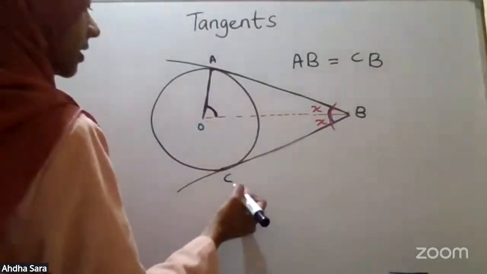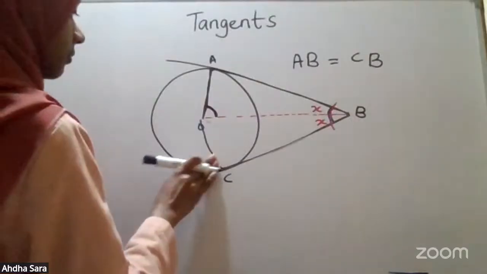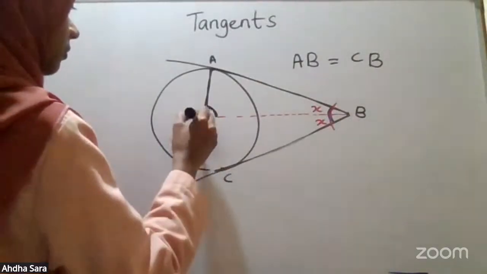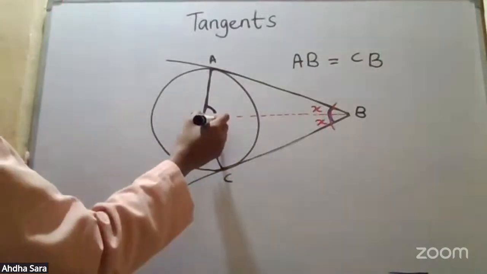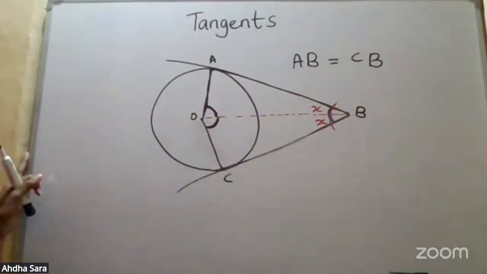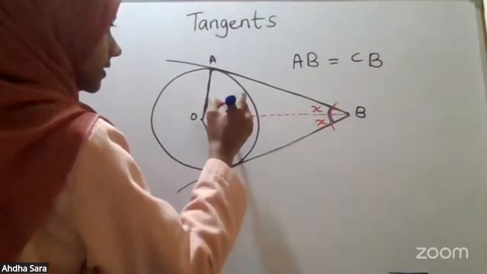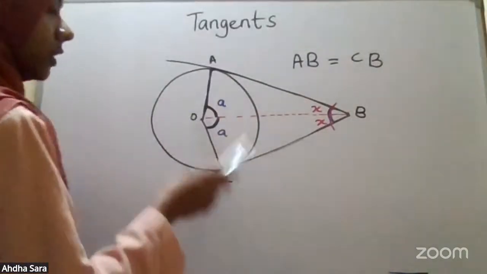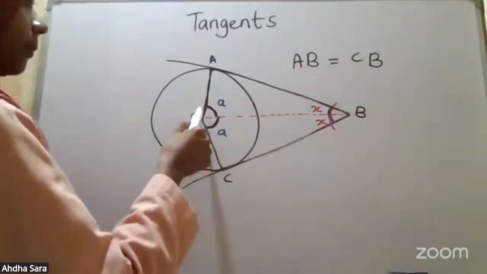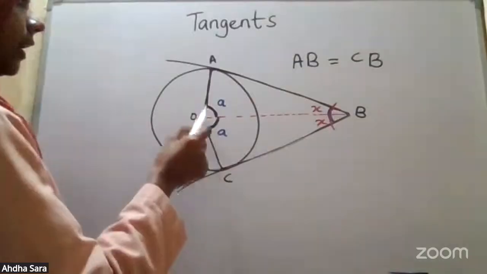As well, the tangent CB makes an angle here. So these two angles will be equal. So the third theorem is: the angles subtended at the center by the tangents will be equal.